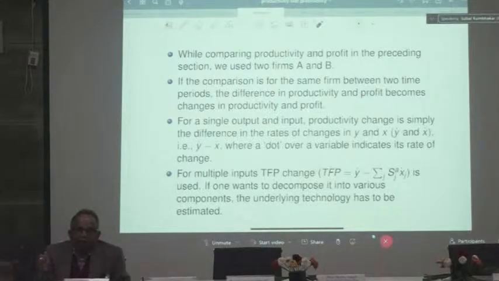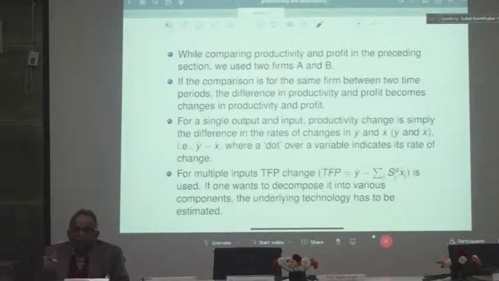Instead of saying that A and B are two different firms, I'll now change my explanation, saying that A and B are the same firm observed at two different points in time. Now again, the purpose of doing it is just to see what is happening to productivity over time, or what we call productivity change. So if y over x is productivity, how do I find productivity change?